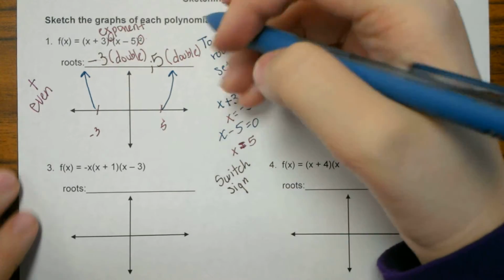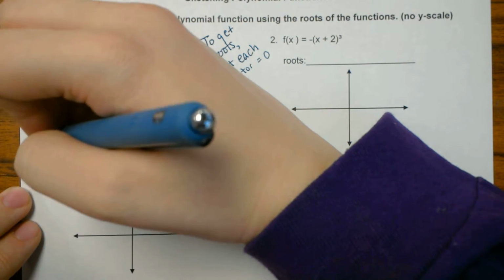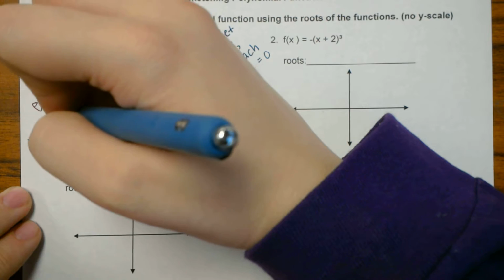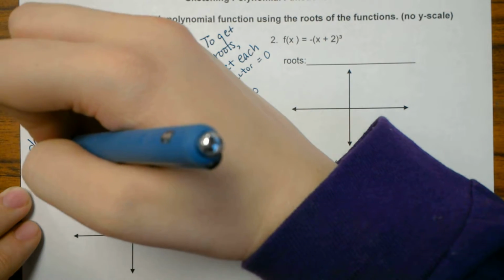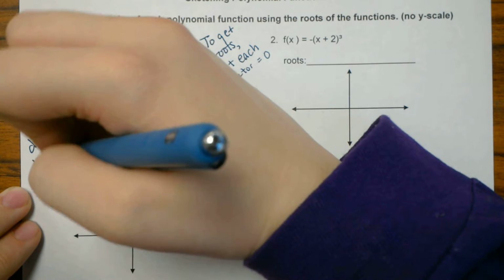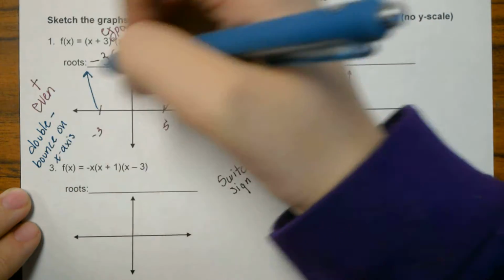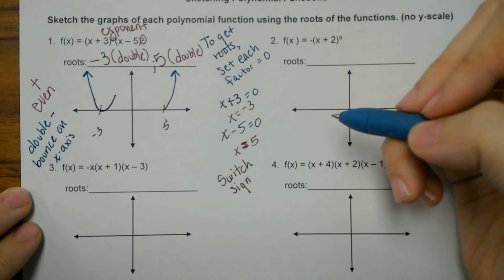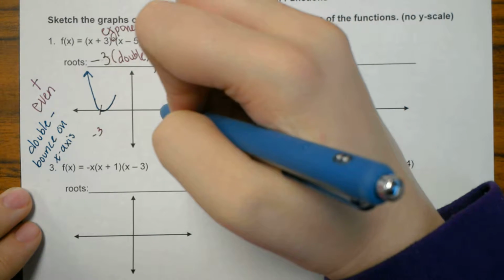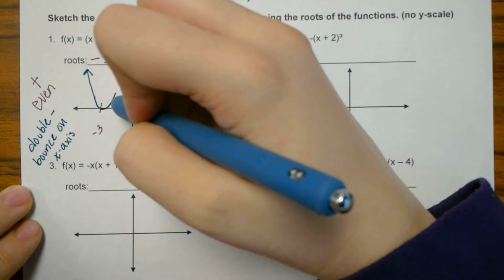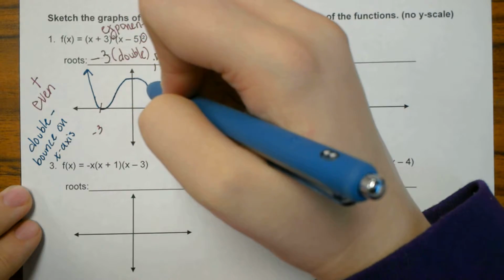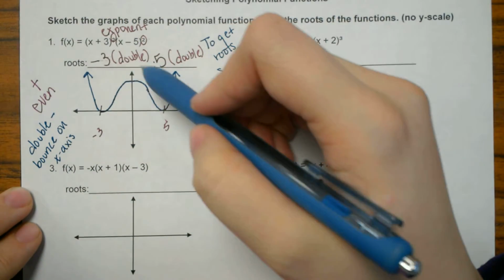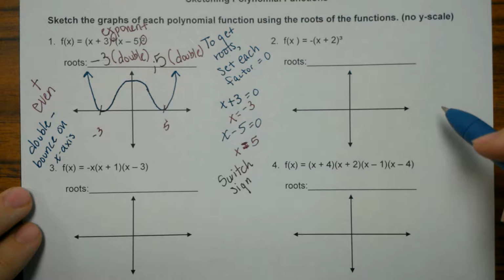The double tells me that I have a bounce on the x-axis. So it touches at negative 3 and it bounces back up. It touches at 5 and it bounces back up. And somehow in the middle they connect. There's a little hump in the middle.